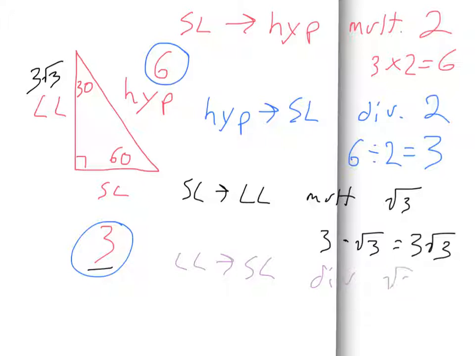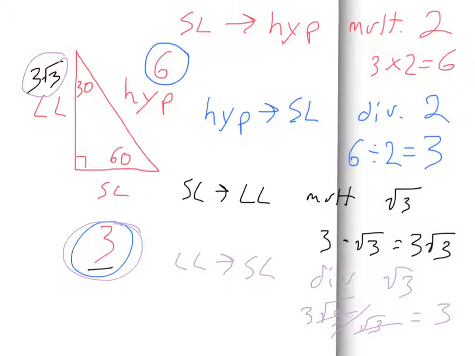Divide by radical 3. So in this case, the long leg would have been 3 radical 3, divided by radical 3. That would have canceled that out. We would have had 3, which is what the short leg was.